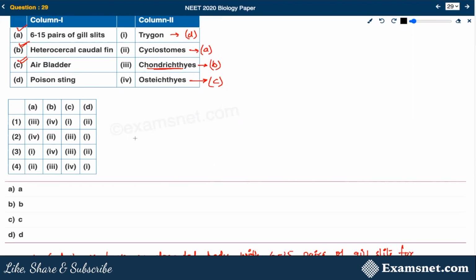Then B is going to match up with 3, C with 4, and D is going to match up with 1. Right. So option 4, that means D option, is the correct option. All right. So this is the case.